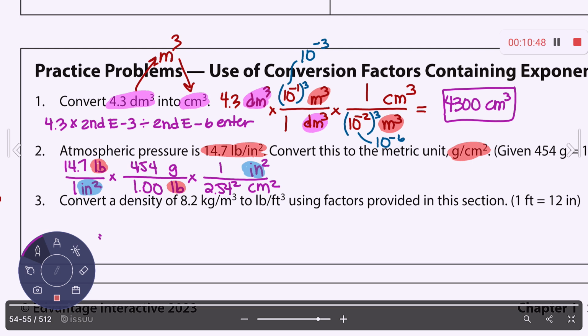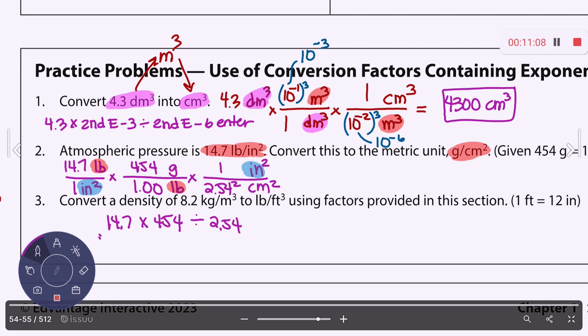Does that make sense? So since these units weren't already raised to a power, but I squared them, you would have to square the number as well. So when you guys go to put this in your calculator, this is going to be 14.7 times 454 divided by 2.54, and then you can use, there's a squared button, isn't there? On your calculator, there's an x squared.